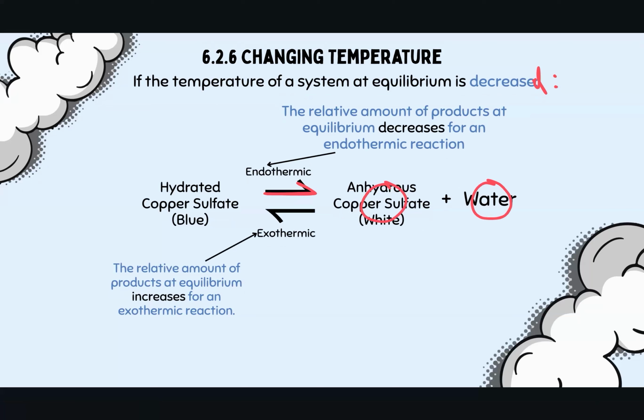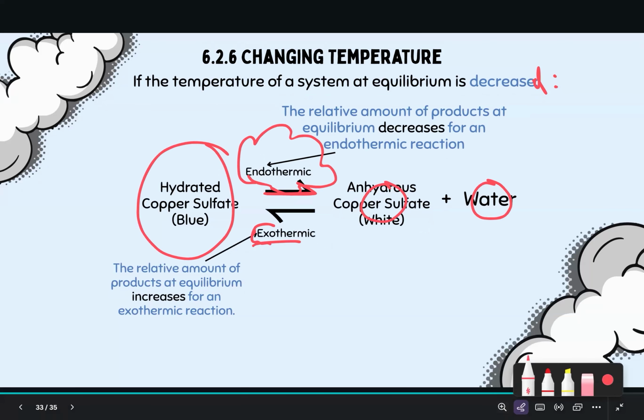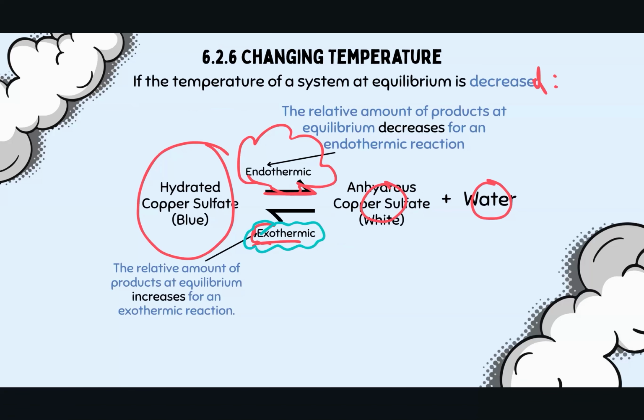If you decrease the temperature, it goes in the exothermic direction. So that means you get more of this. So an increase in temperature is endothermic, and a decrease in temperature is exothermic. It prefers the exothermic direction.